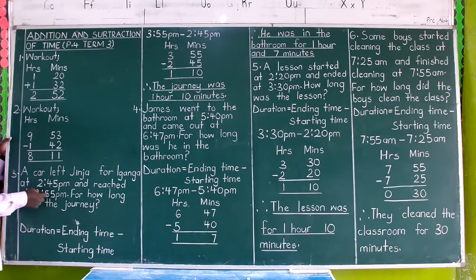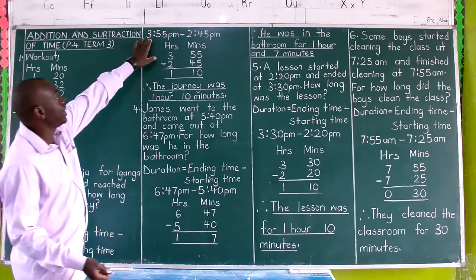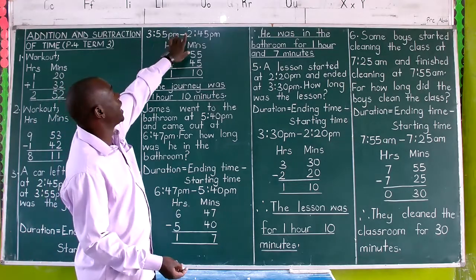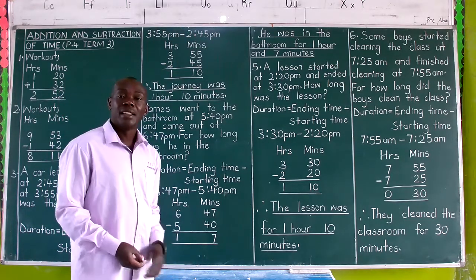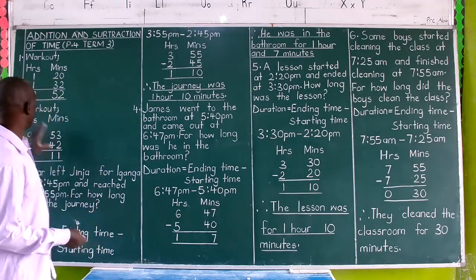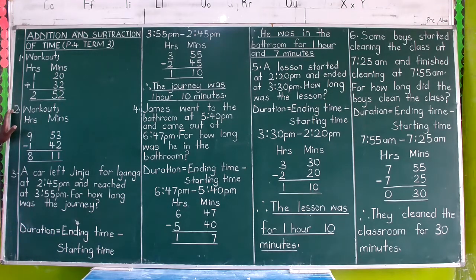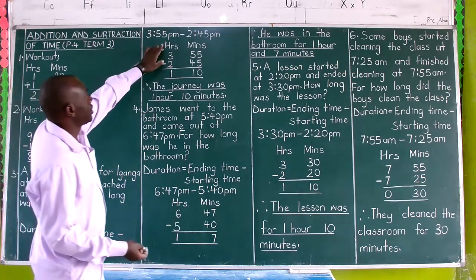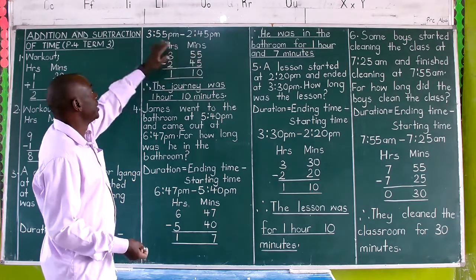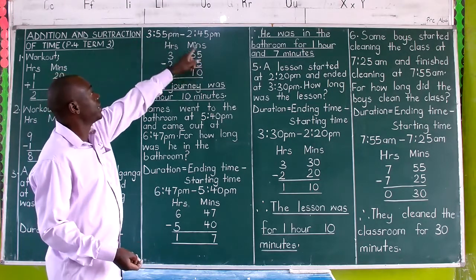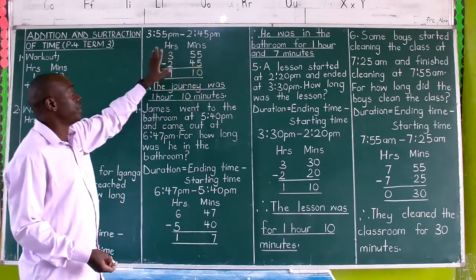At 3:55 p.m. Then the starting time of driving is 2:45 p.m. So we write them here, 3:55 p.m. minus 2:45 p.m. Thereby applying this second example of hours and minutes. You write, therefore, 3 hours and 55 minutes minus 2 hours and 45 minutes.